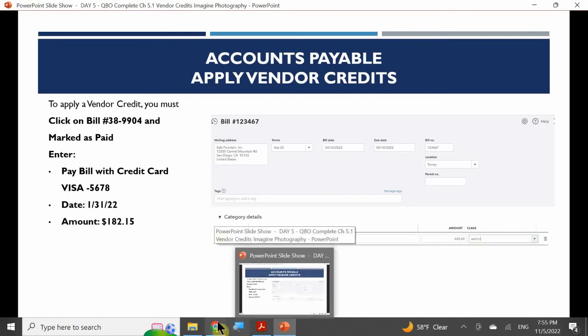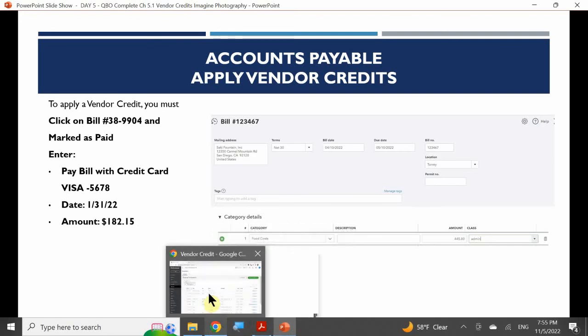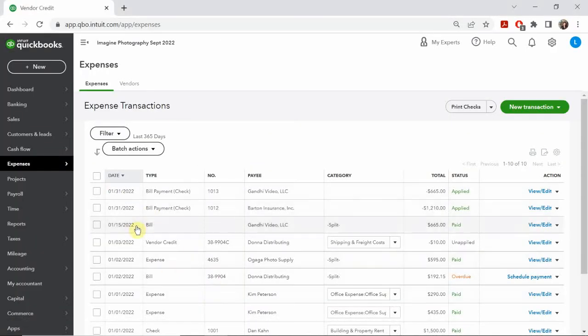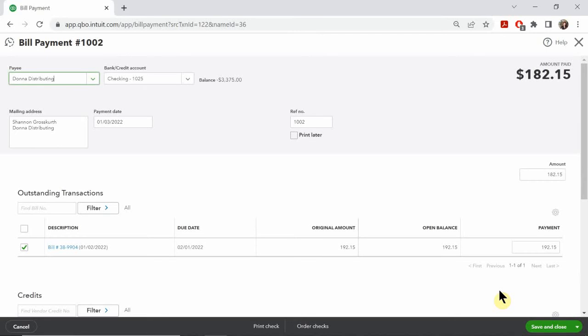Okay, so let's go ahead and make a payment by marking that bill to be paid. So we're going to look for that bill, that one for Donna Distributing, the one that's still open. So here you go, 3389904, and we're going to go to actions and we're going to mark as paid. Okay, so once I click that, this is what's going to happen.